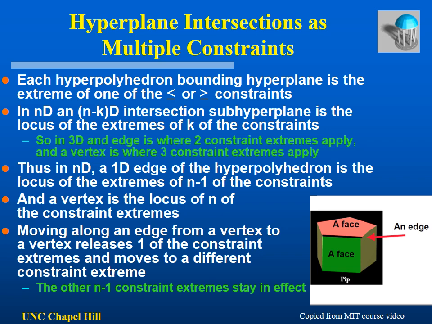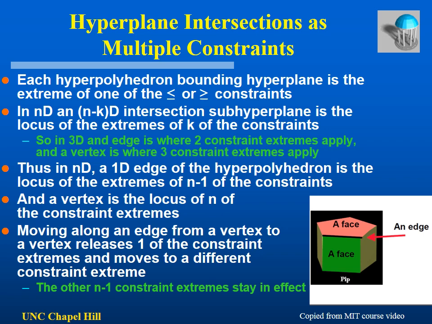That is to say, on one side of the hyperplane, the constraint is in effect, that is to say, those points follow the constraint. And on the other side of that same hyperplane, the constraint does not apply. The points do not follow the constraint. So these hyperpolyhedron faces are the extremes of the constraints, where the constraints change from not being followed to being followed.